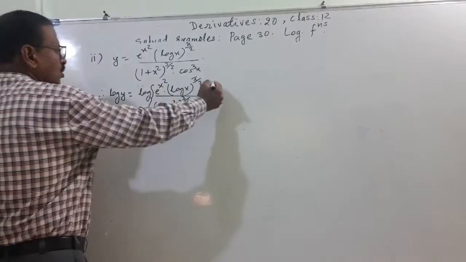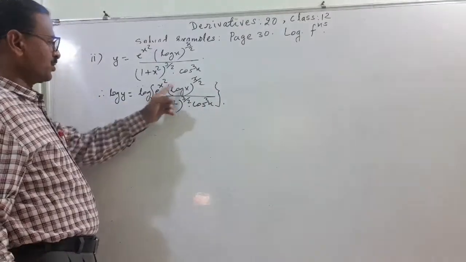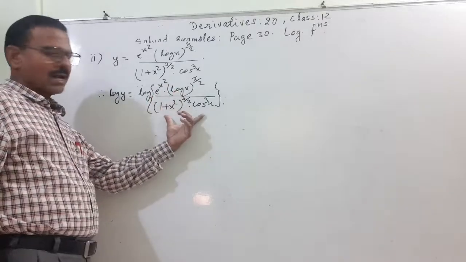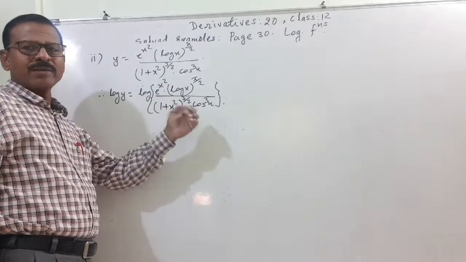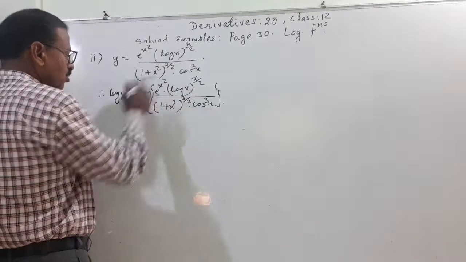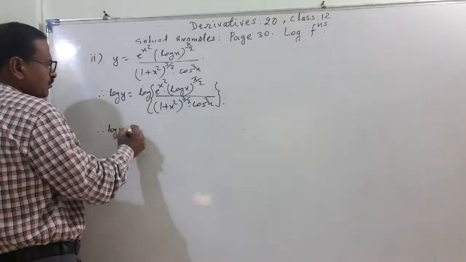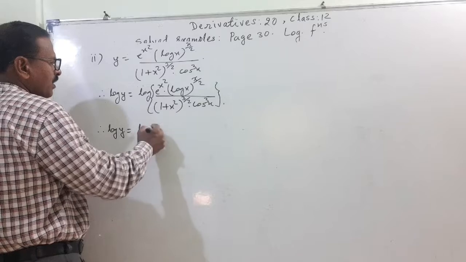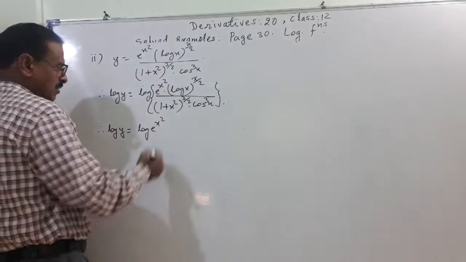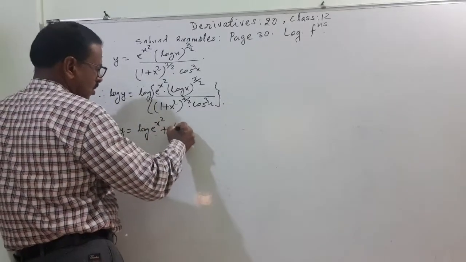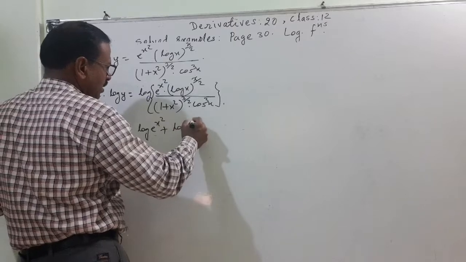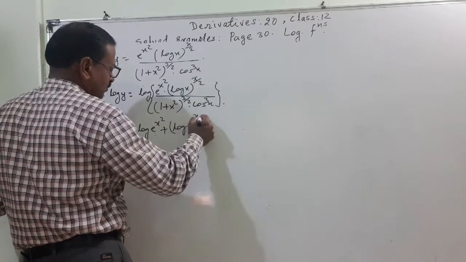Now this is into, these two are upon, so these two will go in minus and these two will go in plus. Therefore log of y equal to log of e raised to x square plus log of x raised to x by 2.